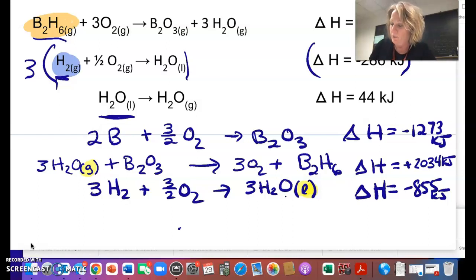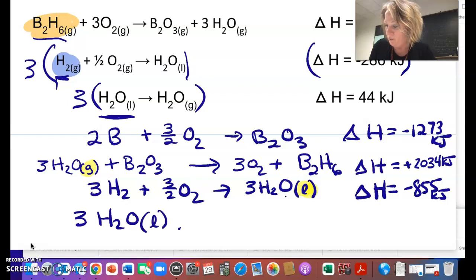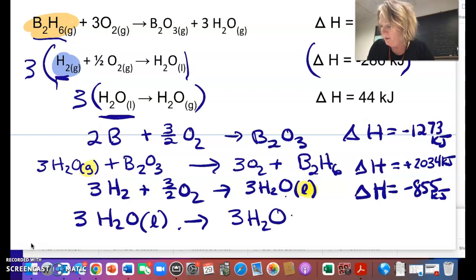So the only thing is we'd have to multiply that reaction by 3. So I would end up with 3 moles of liquid water, and then I would get 3 moles of steam, and then my delta H would also get multiplied by 3 and become 132.